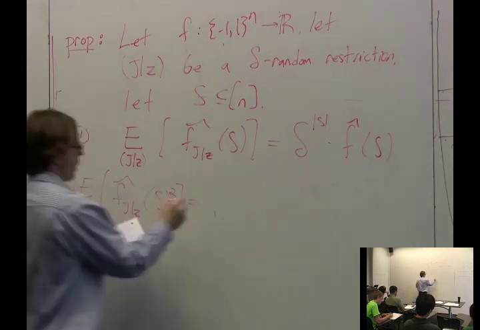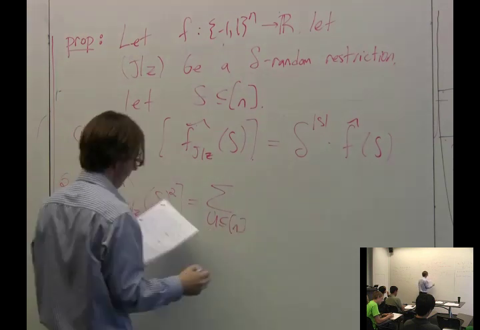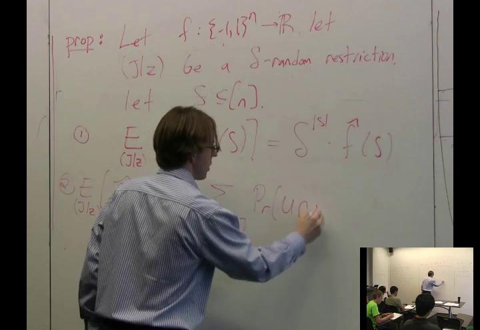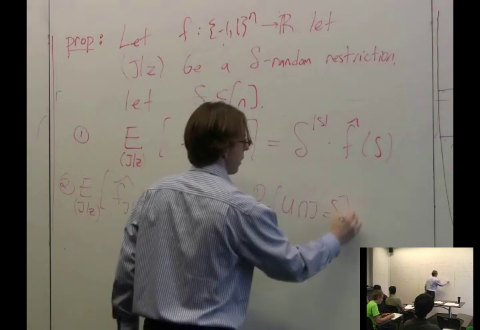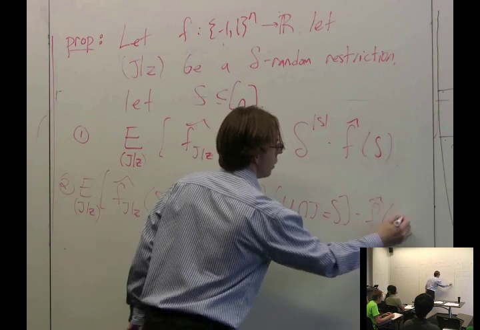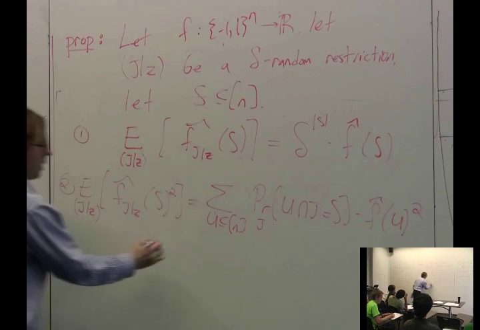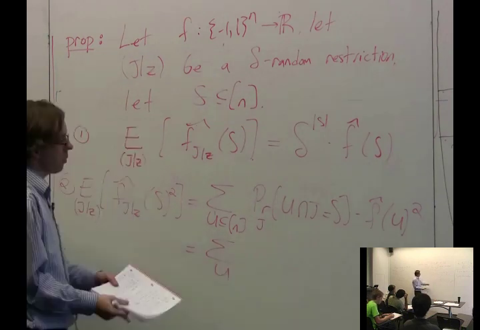It's the sum over all subsets u of n of the probability that u intersect j equals s times f hat u squared. Here we have the probability.